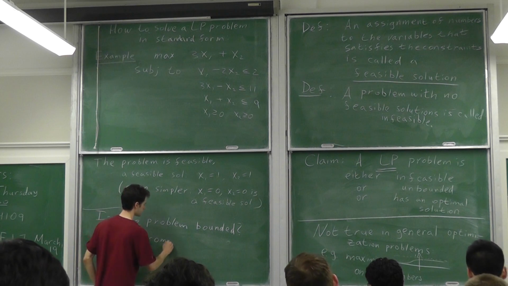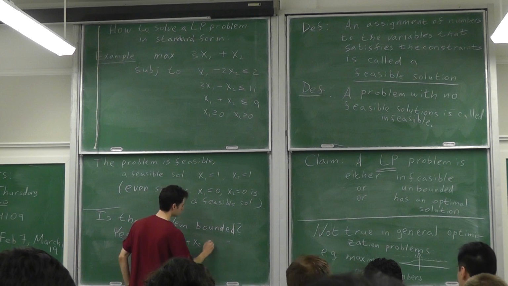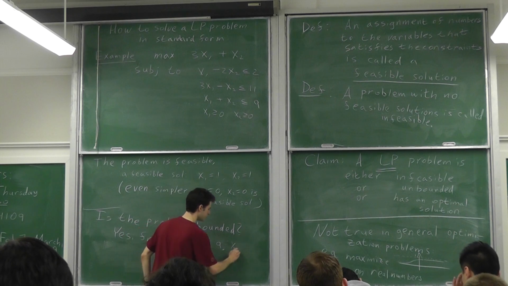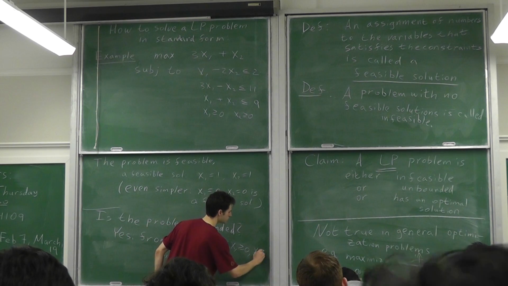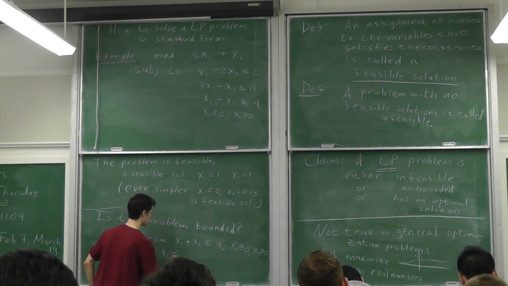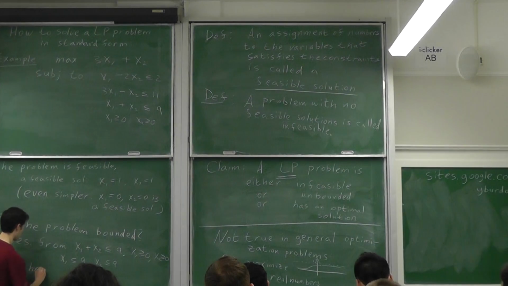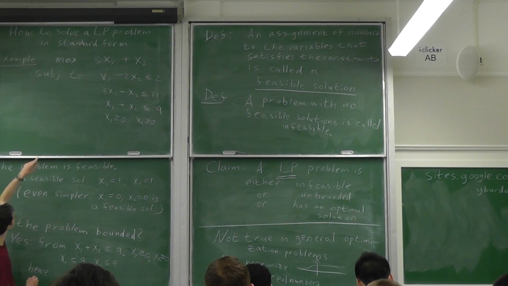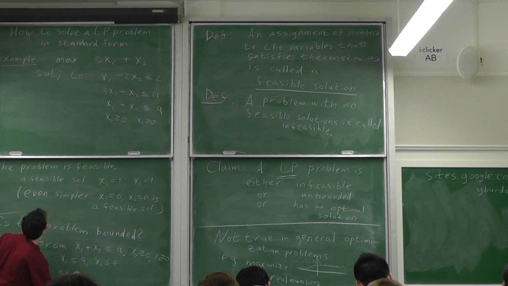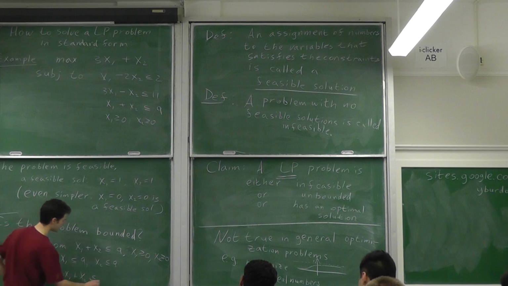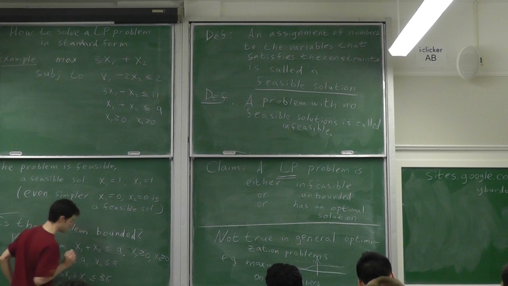From x1 plus x2 smaller than 9, and x1 positive, x2 positive, I can conclude that x1 is smaller than 9, x2 is smaller than 9, hence my objective function 3x1 plus x2 is smaller than 3 times 9 plus 9, so it's 36.